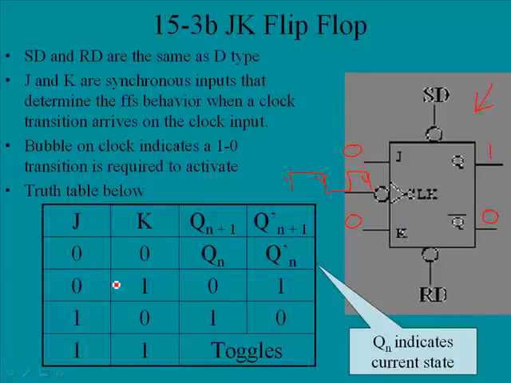Now, if we have a 0 and a 1, and we have a clock pulse, then the 0 and the 1 are just going to pass straight through to the output. So Q would become 0 and Q-not would become 1, and vice versa. If we had a 1 and a 0 on a clock pulse, it would just pass straight through, and we would have the same thing.